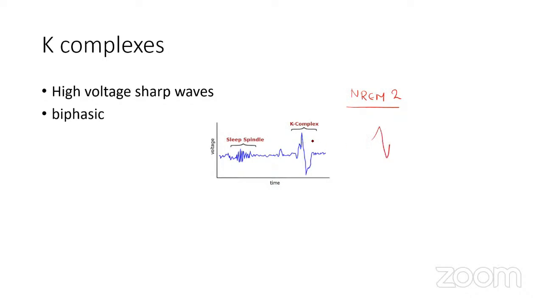Can you appreciate this? It has two phases. And here you can see spindle-like waves, known as sleep spindles. So both are features of NREM 2 sleep: sleep spindles and K complexes.